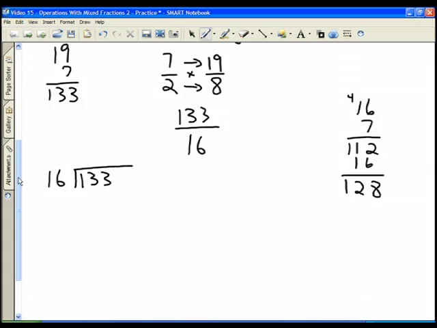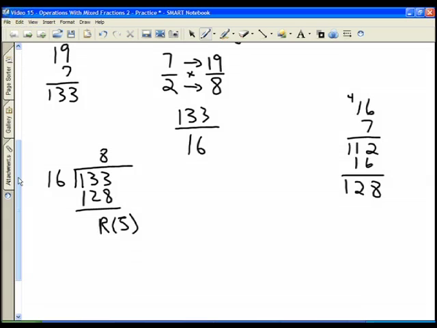6 and 2 is 8 to 128. So we can divide 16 into 133 8 times, and 8 times 16 is 128. And now 133 minus 128, we have a remainder of 5.